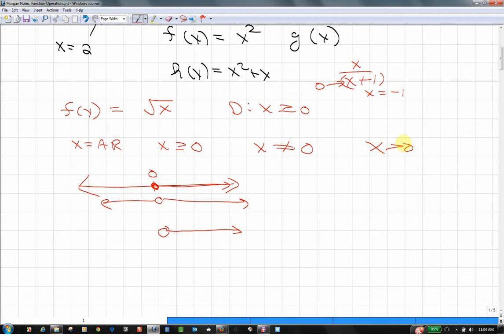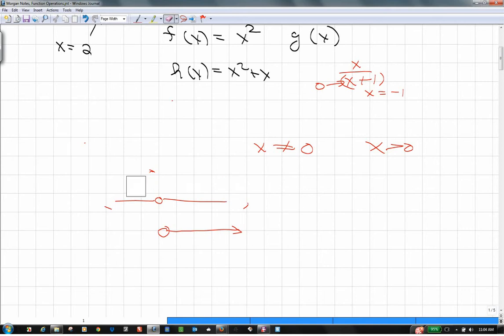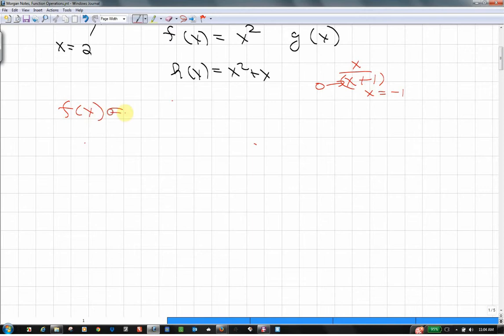So that would be the intersection of all the domains, the overlap. Okay, so here's where we're going to get into some problems, particularly when we're dividing. Okay, so if I had, let's say, f of x is equal to the square root of x, let's say g of x is equal to x. And if I wanted to add f plus g of x, let's think about the domains.